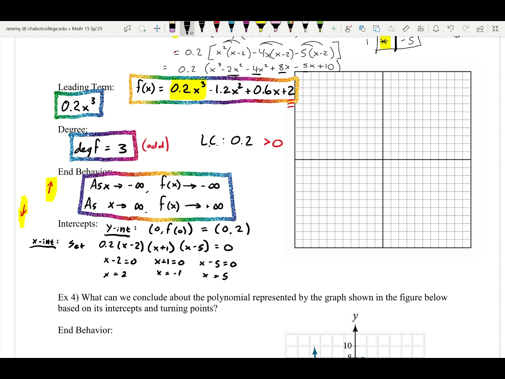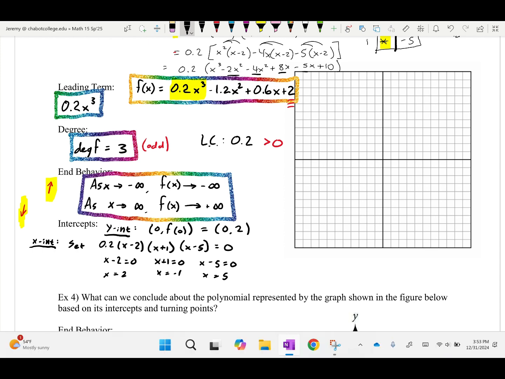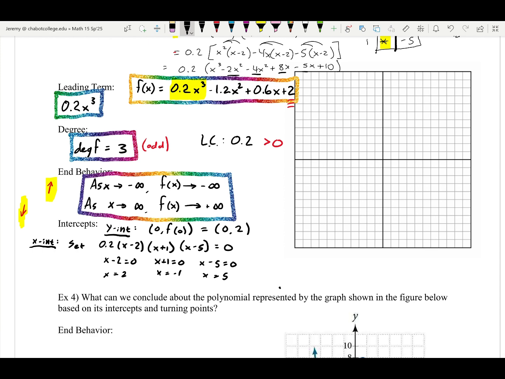Okay, so those are the values of x that will make the function equal to 0, and those will give us our x-intercepts. So 2, 0 will be an x-intercept, negative 1, 0 will be an x-intercept, and 5, 0 will give us a third x-intercept.